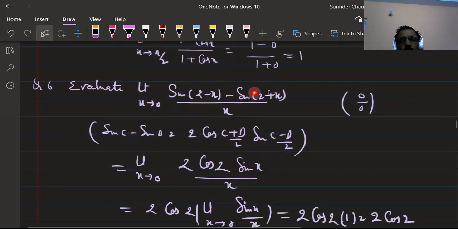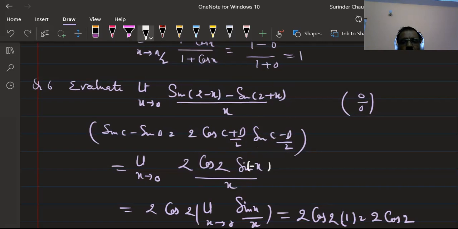Substituting in the numerator, we get 2 cos of (2 plus x plus 2 minus x) by 2 times sin of (c minus d) by 2, where c minus d by 2 is minus x.